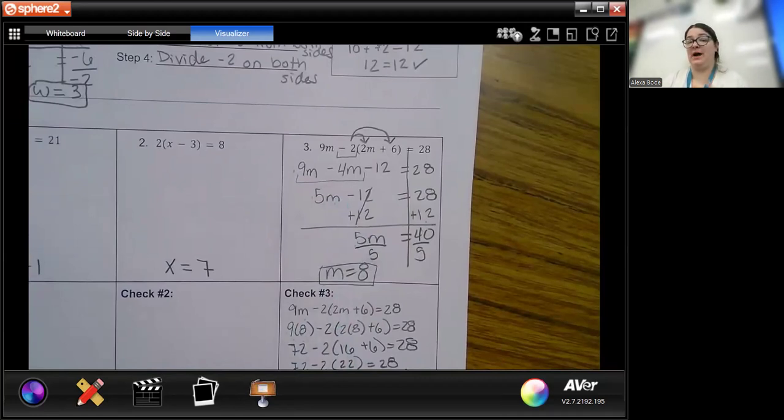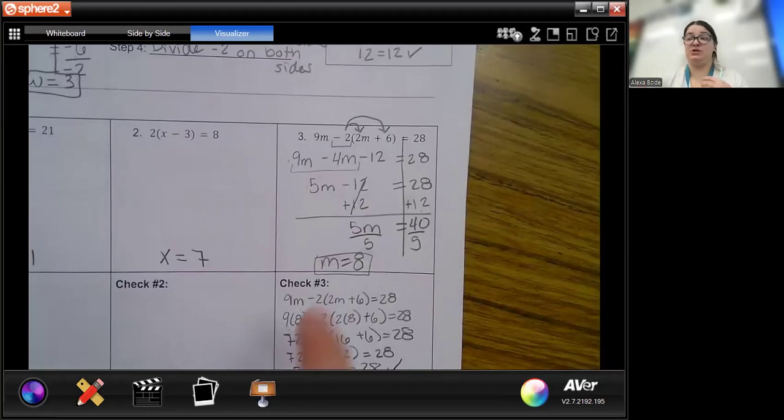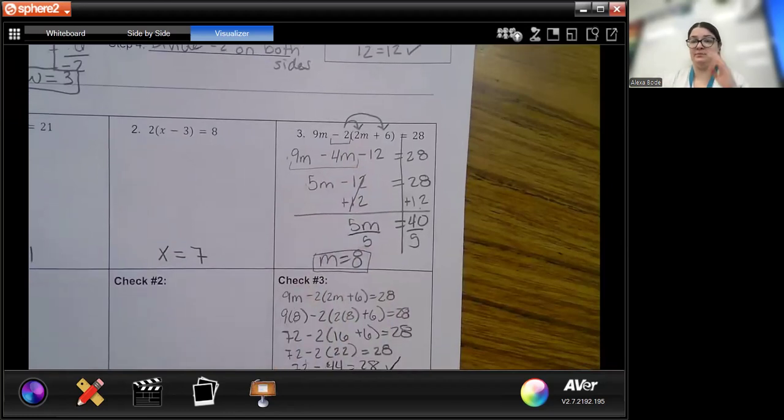And the reason why I made my mistake with checking was because I didn't write everything down. So please make sure you're writing everything down. Don't try to do all this stuff in your head because you guys are just learning it. And even me as your math teacher makes mistakes doing it in your head. So write down all of your steps for both solving it and checking it.